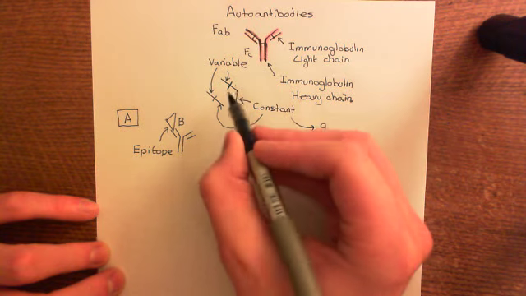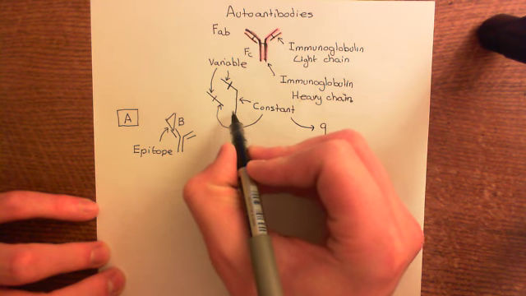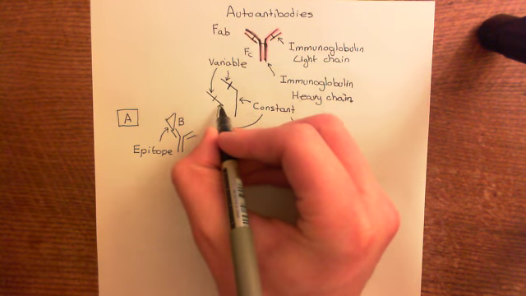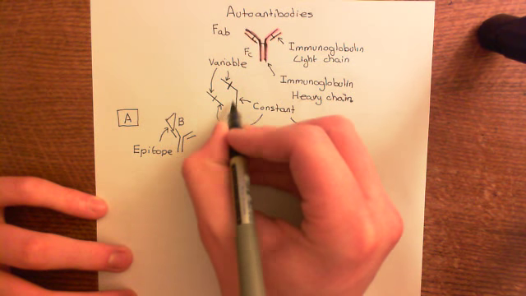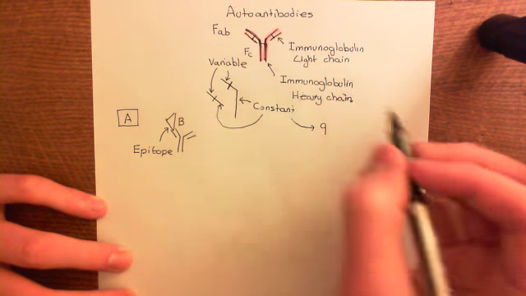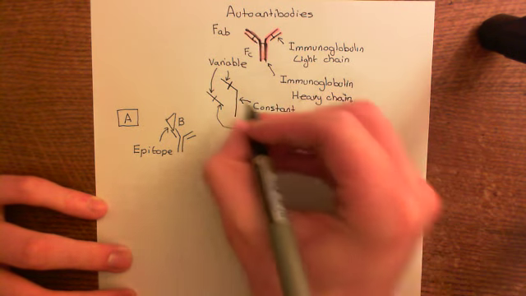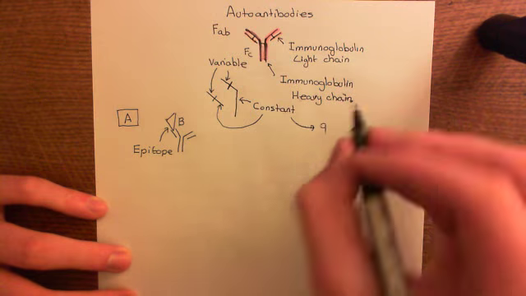And I should mention that this is the constant region of the immunoglobulin heavy chain we're talking about. The constant region of the immunoglobulin light chain truly is constant, but for the immunoglobulin heavy chain, the constant region can vary. Okay, and there are 9 different constant regions for the immunoglobulin heavy chain.